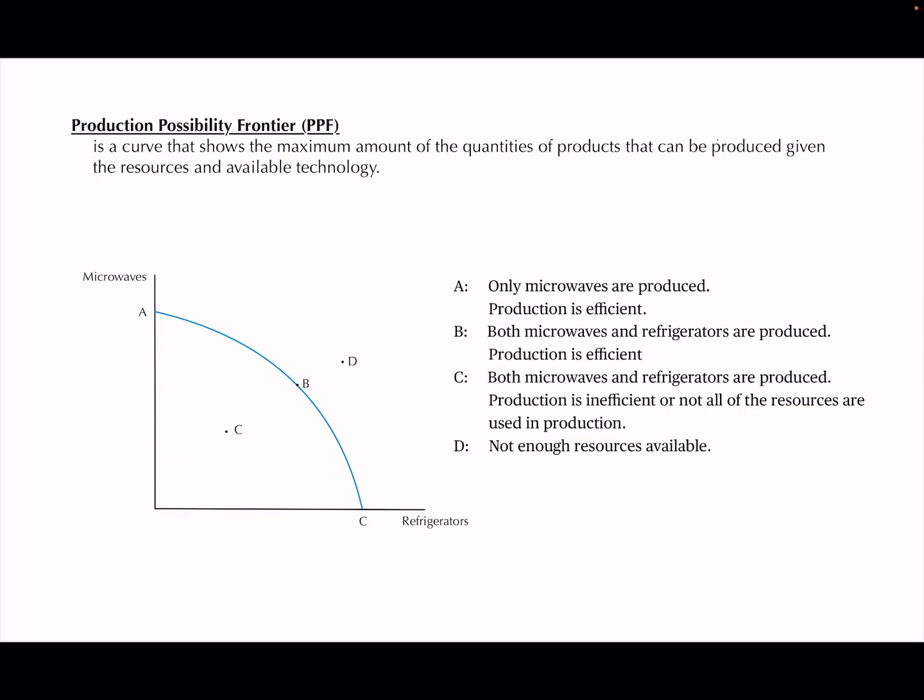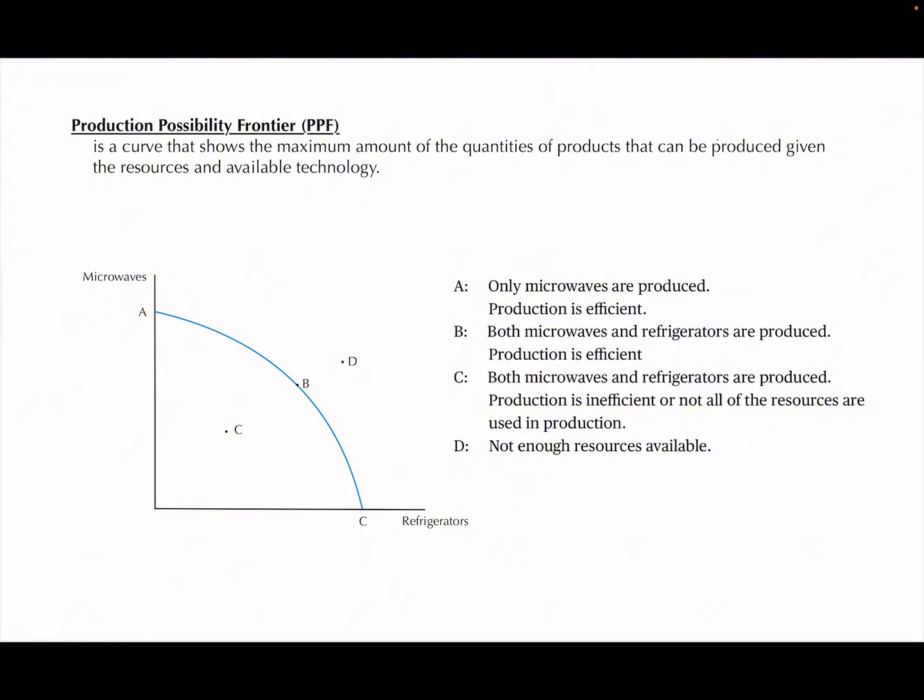At point B, we can see that the point is on the PPF curve, at a point in between the horizontal and vertical axis. Thus, this means that production is efficient, and both microwaves and refrigerators are being produced.